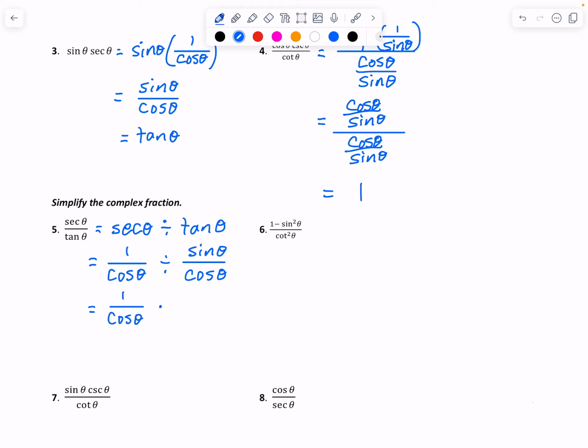Division changes to multiplication. And then I'd flip my sine and cosine because I'm dividing. And we can see that the cosines are getting canceled there. And we have 1 over sine. 1 over sine would be cosecant.